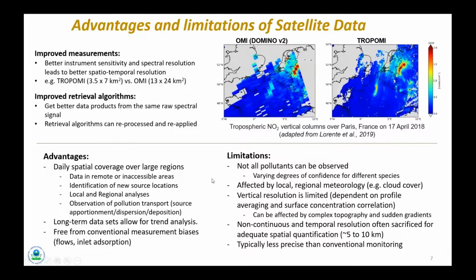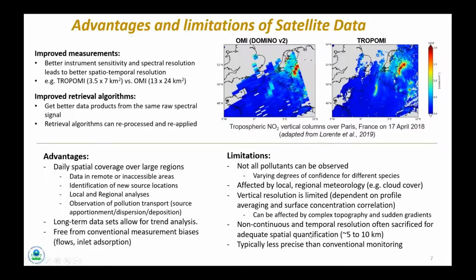And then there are some limitations that need to be remembered. Not all pollutants are created equal. You can see some better than others, with varying degrees of confidence for different species. They're affected by meteorology, such as cloud cover. Vertical resolution is somewhat limited for some species. We're doing modeled correlations, or column densities can be affected by topography or sudden gradients.